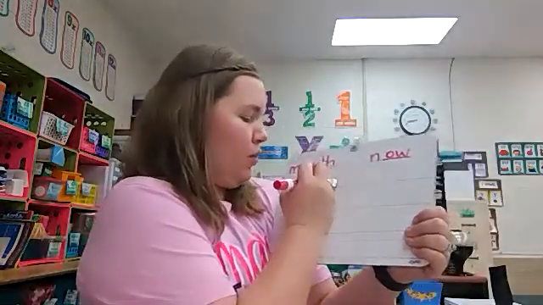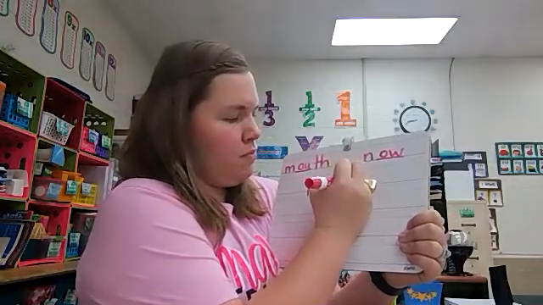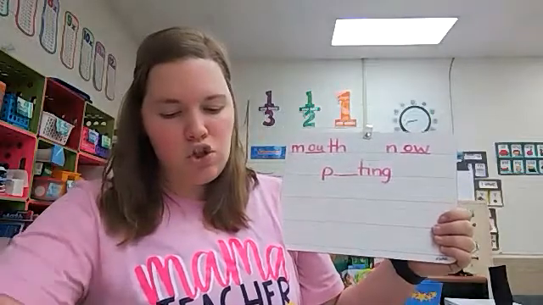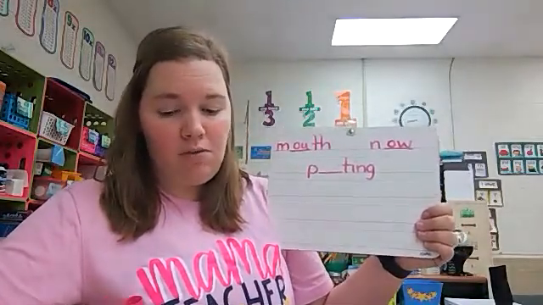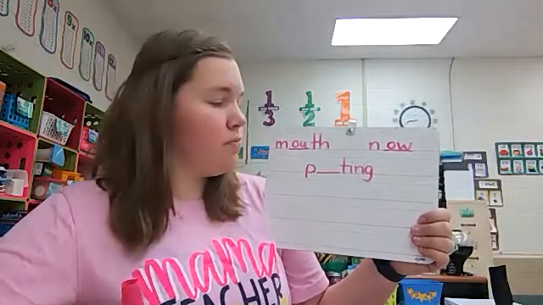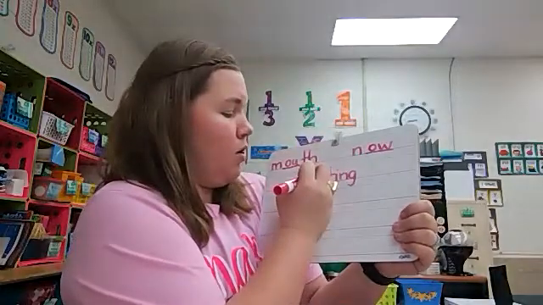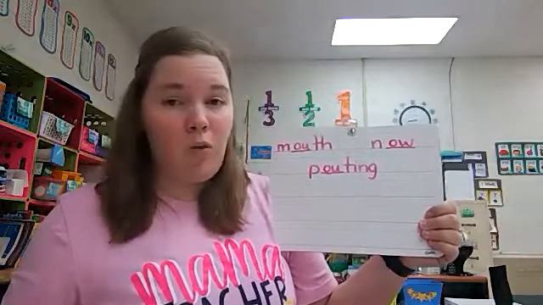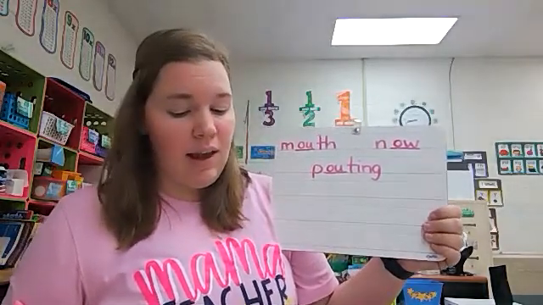Okay, let's look at this one. How should I spell the ow sound in this word? OU, because it's in the medial position. Very good. What do you notice about the end of this word? There is a suffix.